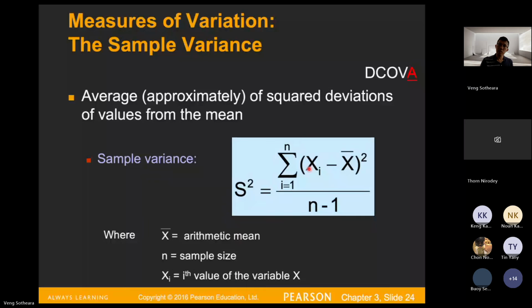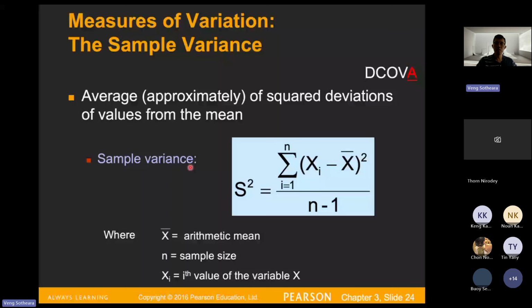To get rid of negative values, you square them. At the end, you do the averaging, by summing those values up from the first to the last. Due to a technical reason, we will not divide by n, but rather by n minus 1. So we come up with a measure named s squared, and we call it the sample variance.